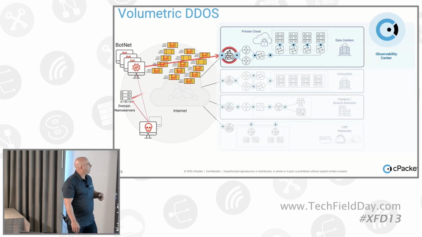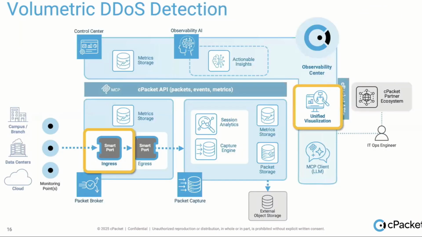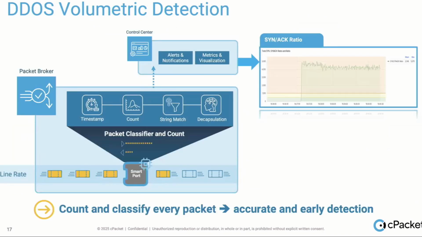The second example is all the different volumetric DDoS attacks. Whether it comes from a big botnet sending a huge amount of SYNs, or DNS amplification, where they leverage a DNS server to send you much bigger DNS responses, all of that is hitting our monitoring point. Just by the mere fact that we're able to count everything, we can very quickly generate counters that tell us what the ratio is.